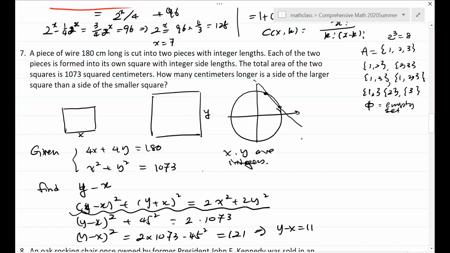Both are positive, one is larger, one is smaller. This is a linear equation, x plus y equals 45, and here you get the circle with the radius square root of 1,073, and you're trying to find the two intersection points. Then you take the difference of that coordinate.